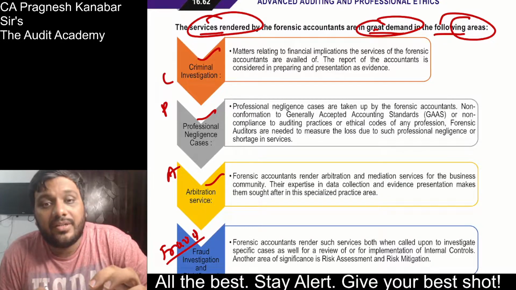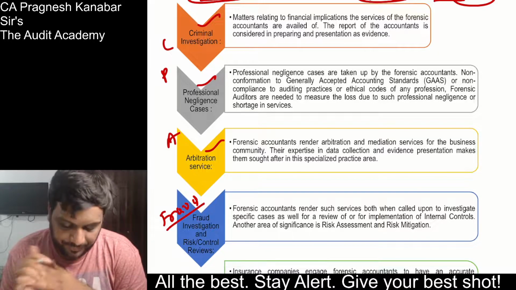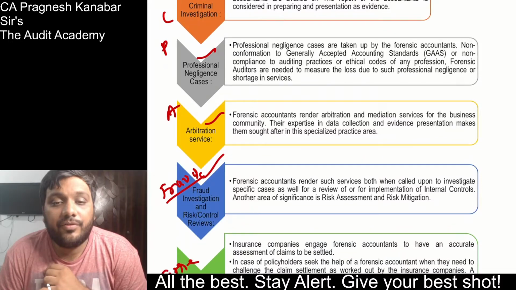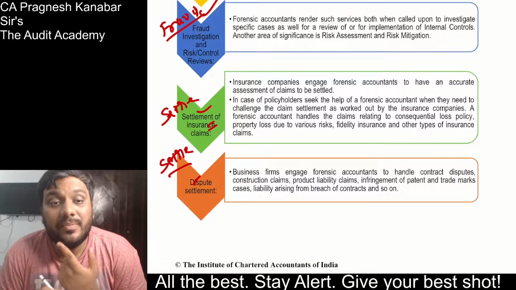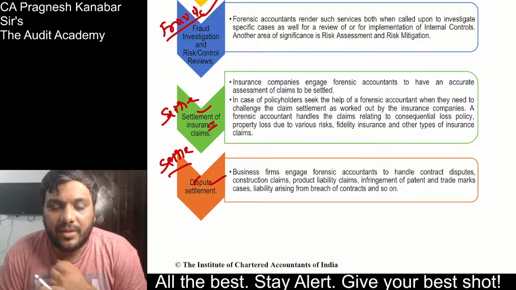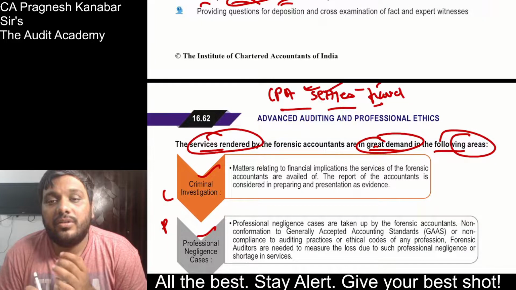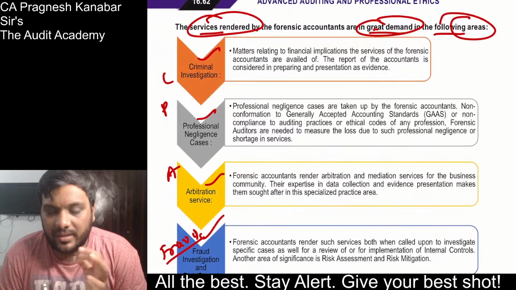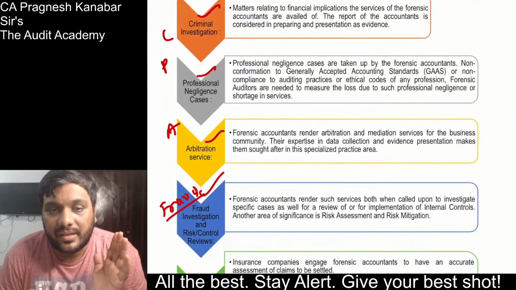A for arbitration service, so arbitrators can take the help of forensic auditors. And then obviously for fraud investigation, it helps to find out settlement of insurance claims. Big claims are settled through forensic audit, and any dispute settlement can be done through forensic audit. So such kind of questions can be asked: services rendered by forensic auditor, great demand in which area, CPA settles fraud.